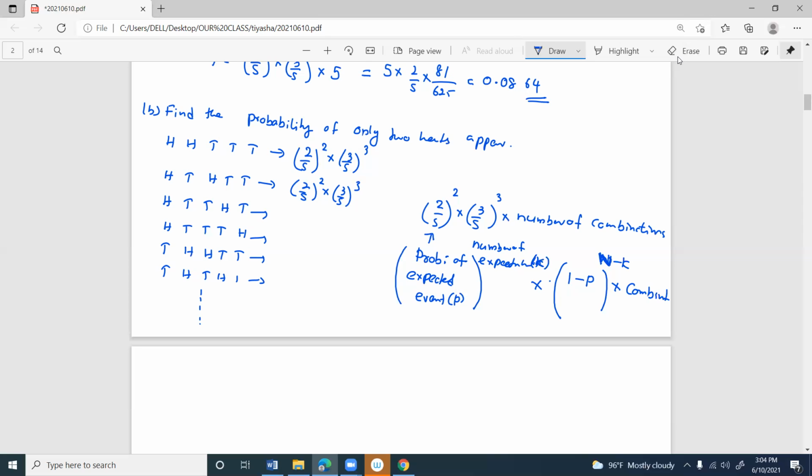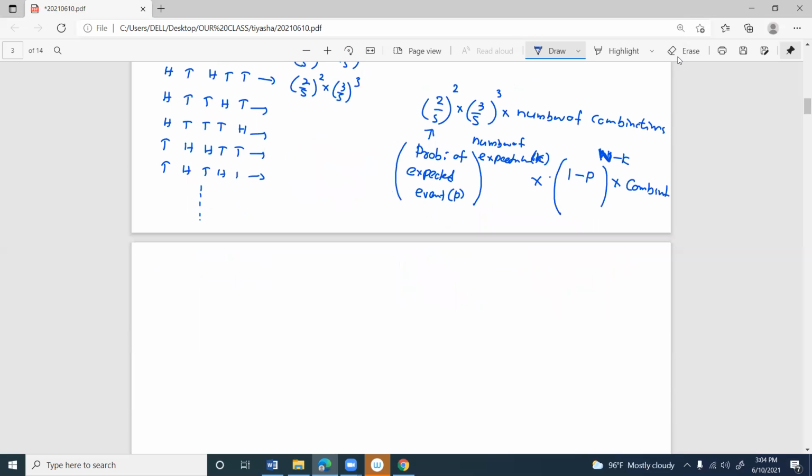This is the binomial distribution. We'll come up with the distribution and I'll show you. This is the basis of how it came. Usually we write X is the random variable, X having a binomial (n, p) distribution, where X is the random variable.